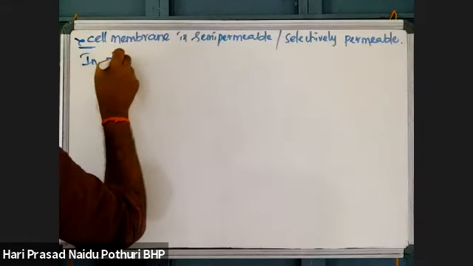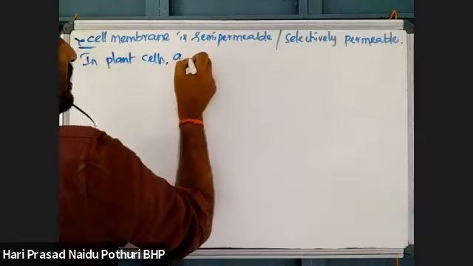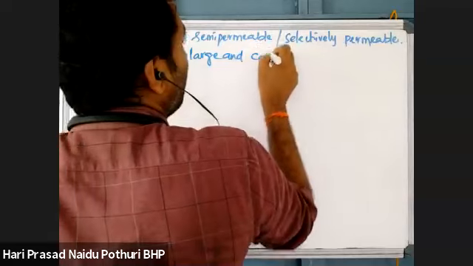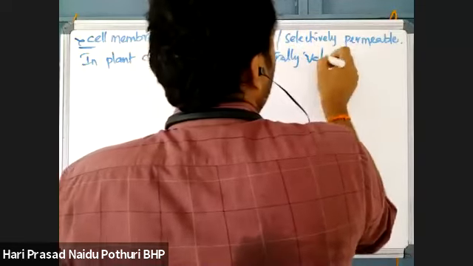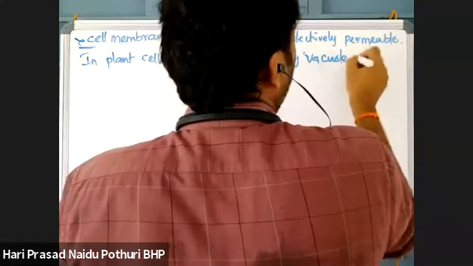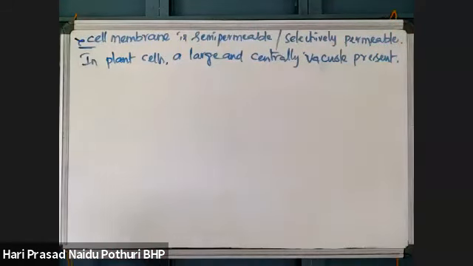Usually in plant cells, a large and centrally located vacuole is present. What is the role of the vacuole?